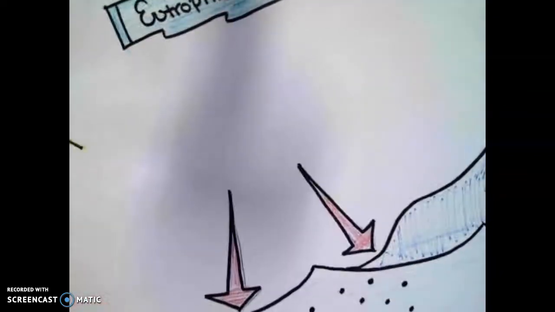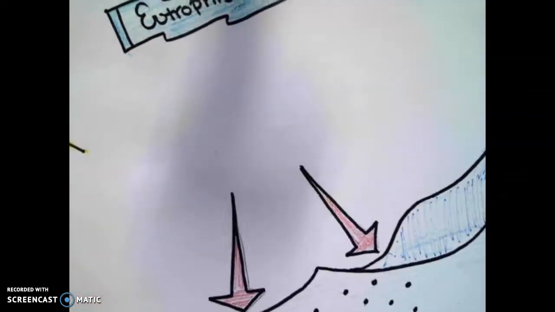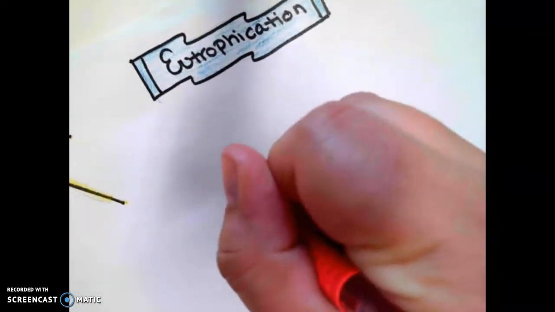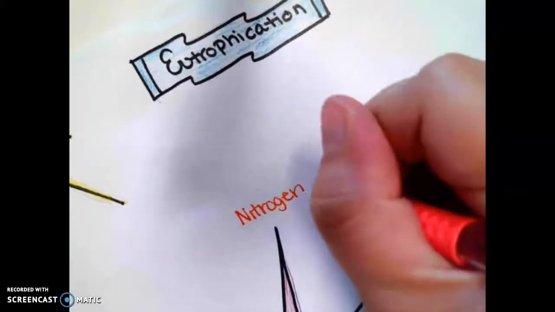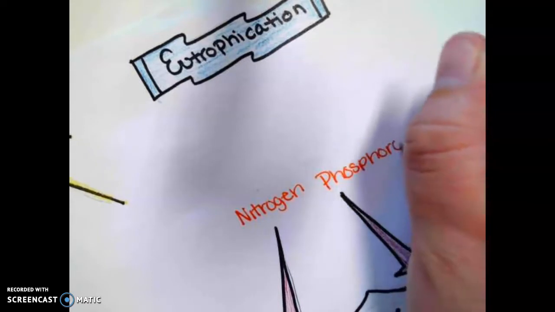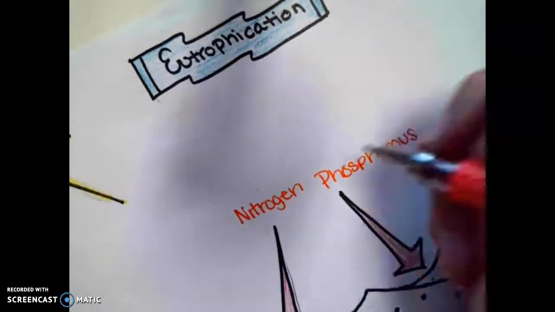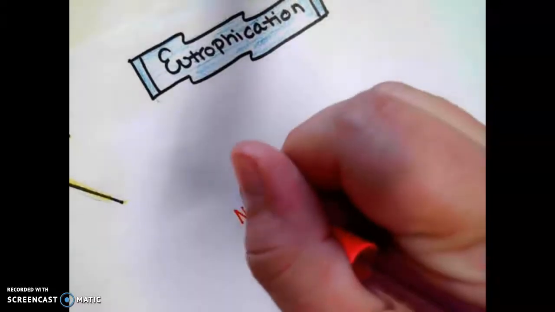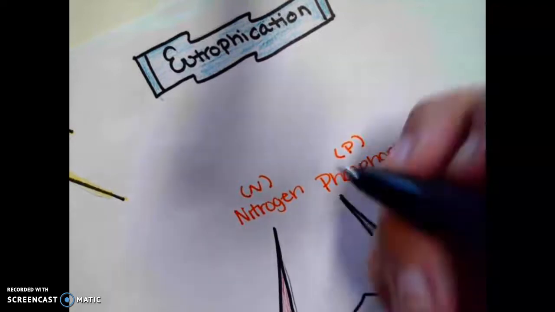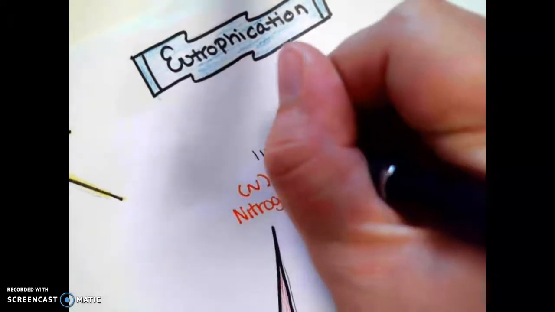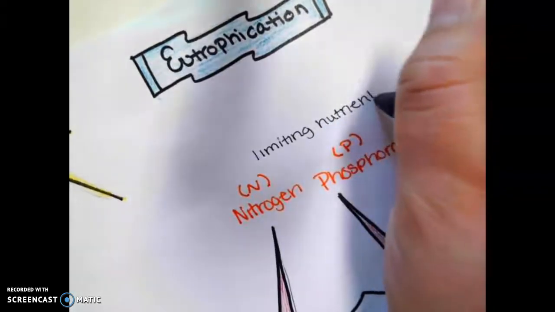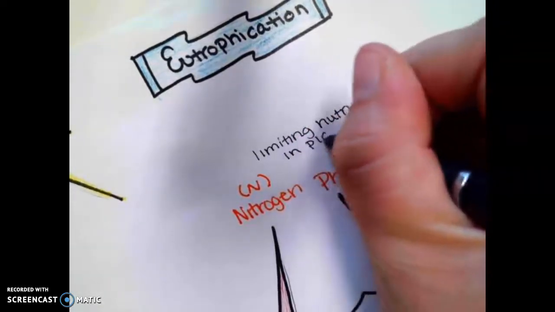So again, remember we said that those nutrients coming from the fertilizers are nitrogen and phosphorus. This is a P, this is an N. They are in fertilizers because they are the limiting nutrient in plant growth.